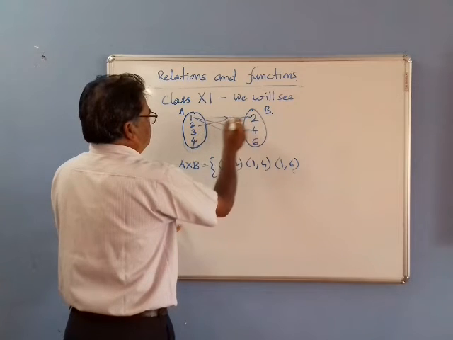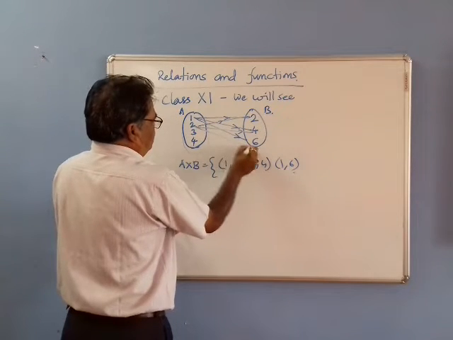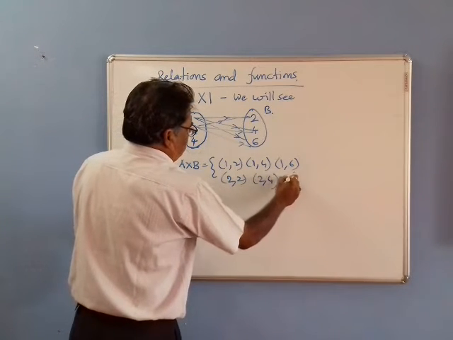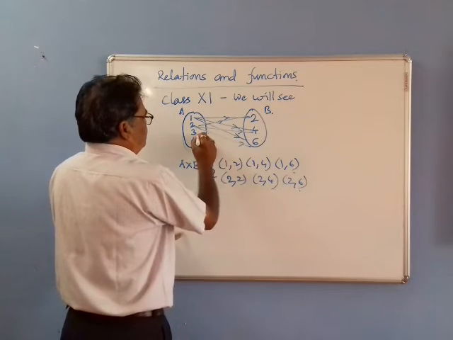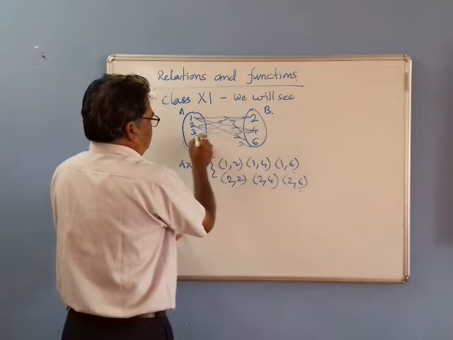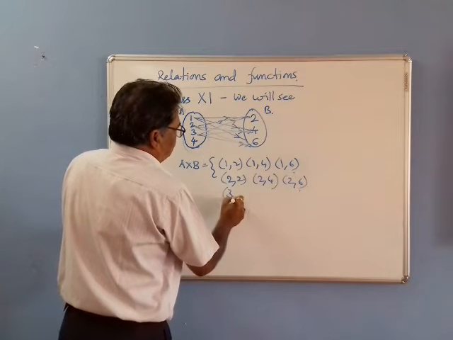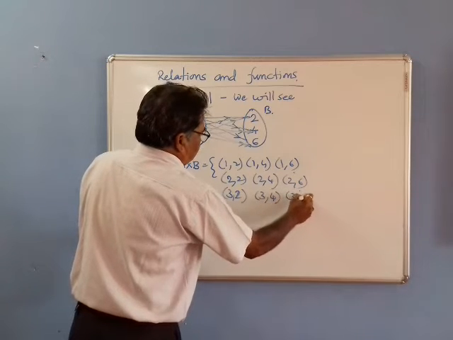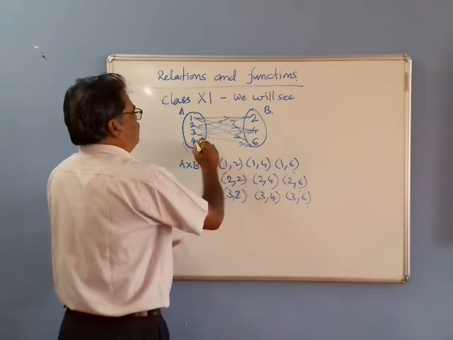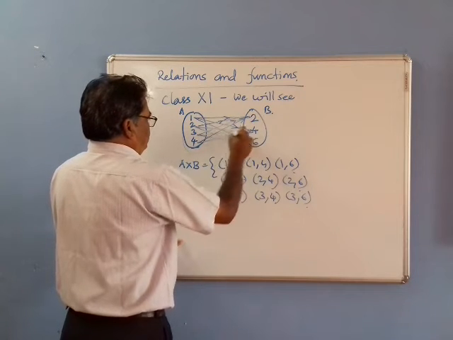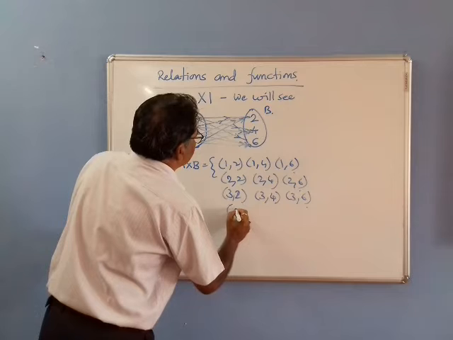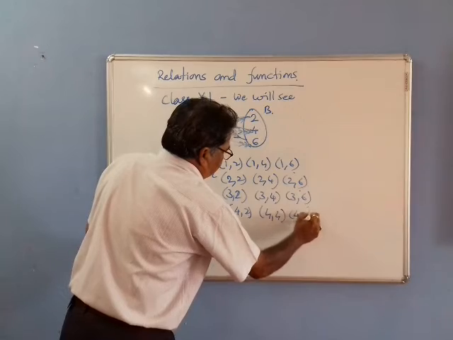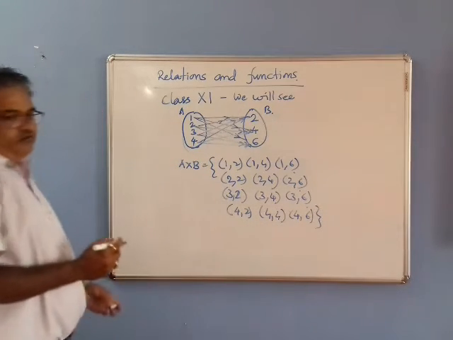After that 2 is related to 2, 4, 6: (2, 2), (2, 4), (2, 6). Then (3, 2), (3, 4), (3, 6). And the last element is 4, related to 2, 4, 6: (4, 2), (4, 4), (4, 6). This is our Cartesian product from the Venn diagram.